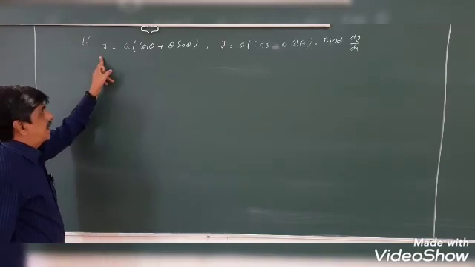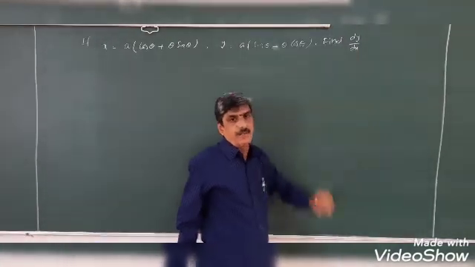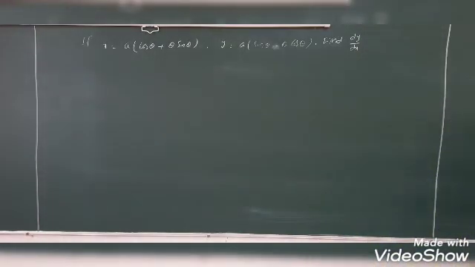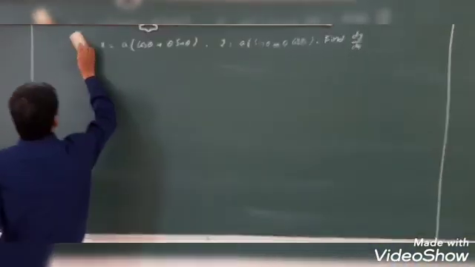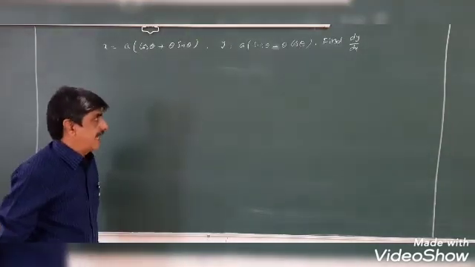Here x is a function of theta, y is also a function of theta. We want to find dy by dx. First find dx by d theta and dy by d theta, from that we will find dy by dx.